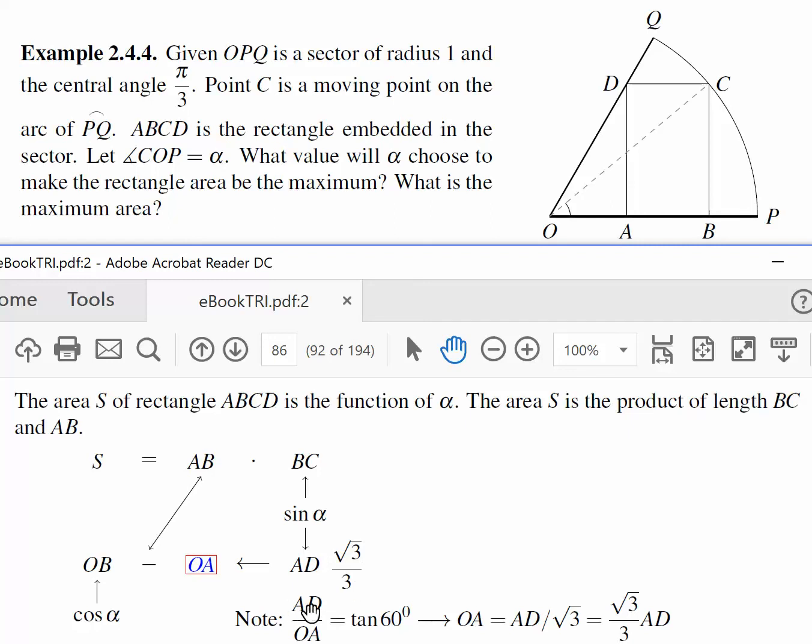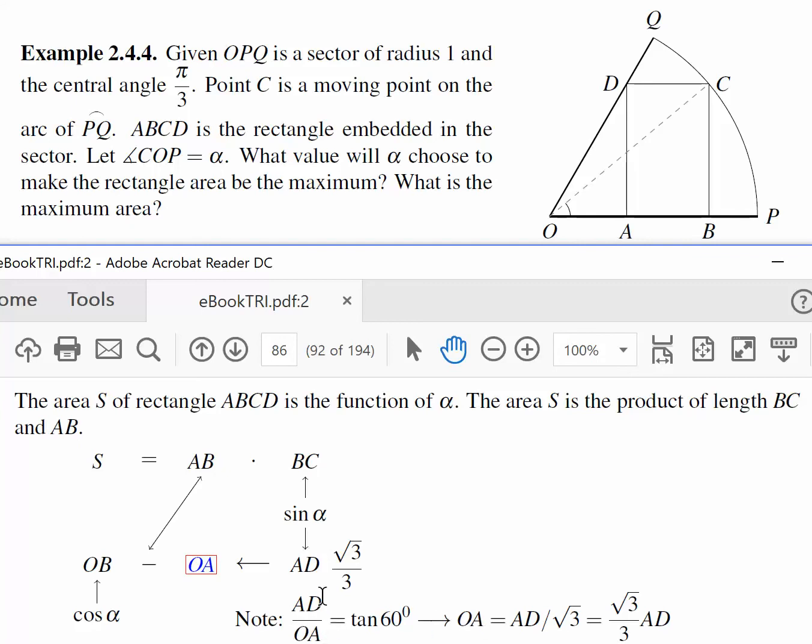Now look, AD over OA, in the right triangle OAD, opposite side over adjacent side, is tangent pi over 3, which is tangent 60 degrees.